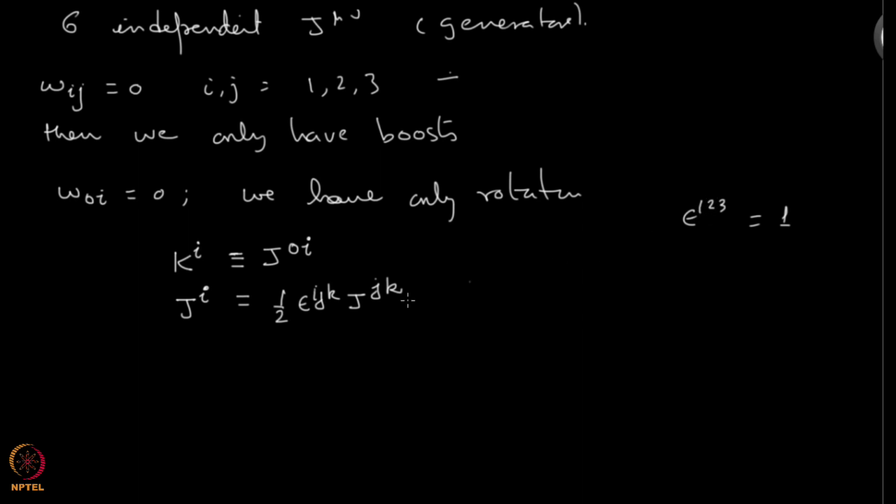Okay. So, this is J_i. So, these are 3 generators for boost, 3 generators for rotations, and you have already seen that you have 3 for boost and 3 for rotations. Okay. So, for example, this implies that J_1 is J_23, etc. Okay. Check how J with 1 index and J with 2 indices are related. So, this is one of them here.